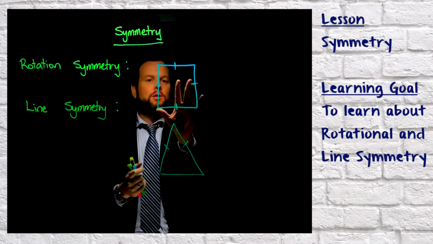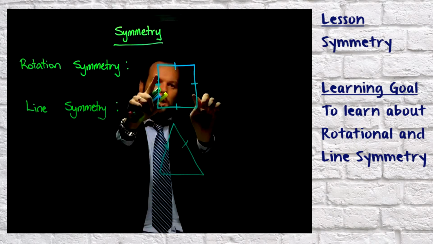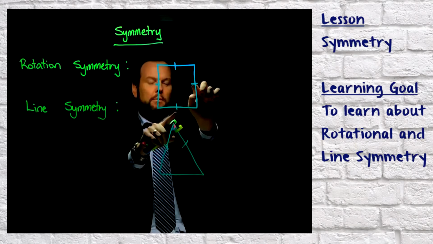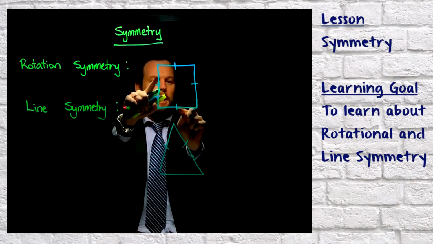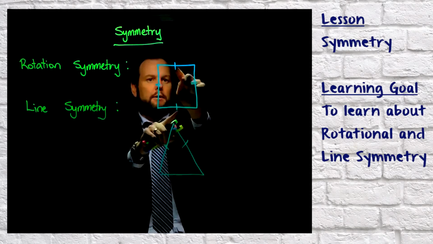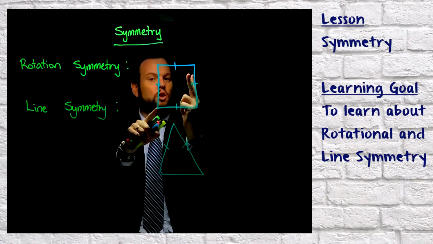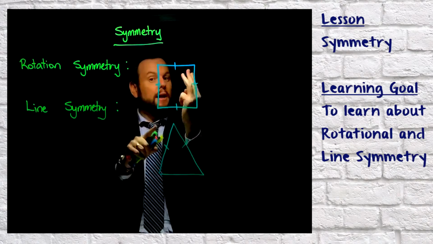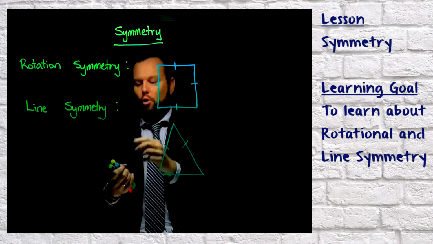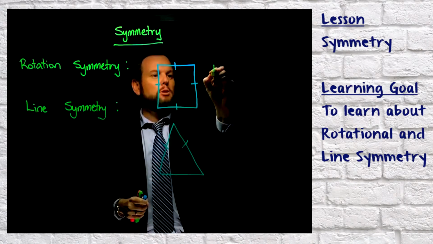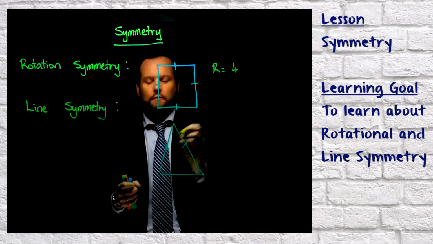With a square, if we start turning it, and this becomes the bottom, that's 1, and then we turn it again, that's 2, and then we turn it again, that's 3, and then we turn it back to its original position, it's 4. So this shape's rotational symmetry would be 4.